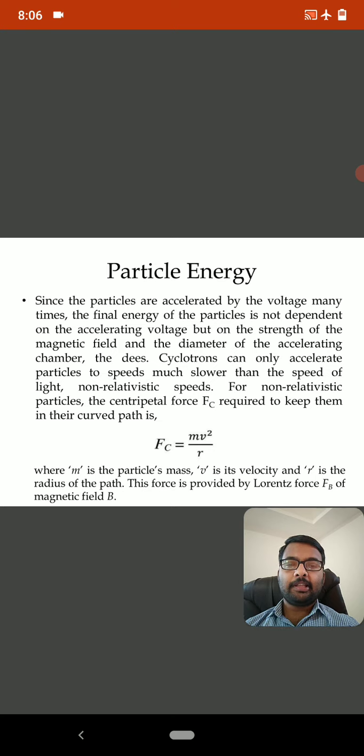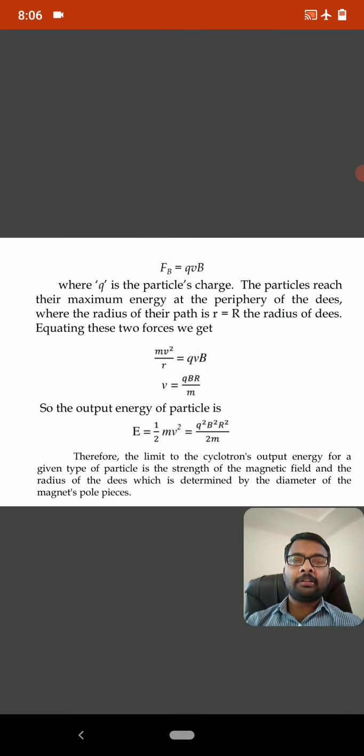Apart from this, there is one more force, the Lorentz force Fb, due to the applied magnetic field, and this centrifugal force is provided by the Lorentz force Fb of the magnetic field B. That Lorentz force Fb is equal to qvB, where q is the charge of the particle, v is the velocity, and B is the strength of the magnetic field.